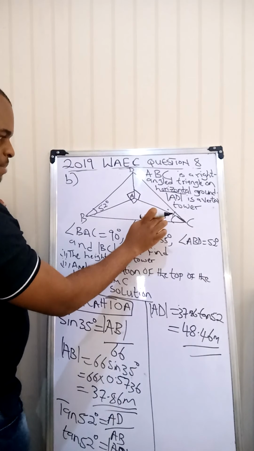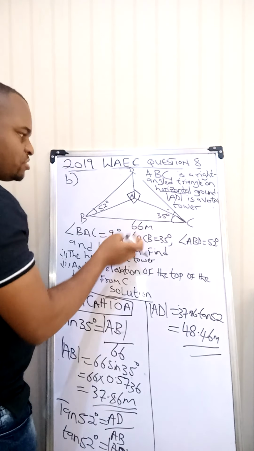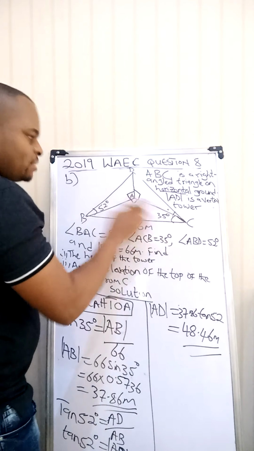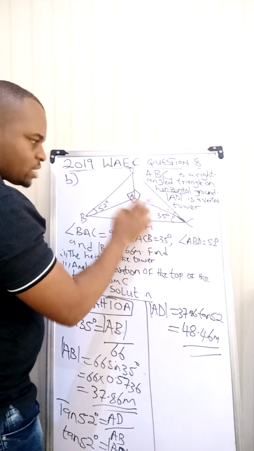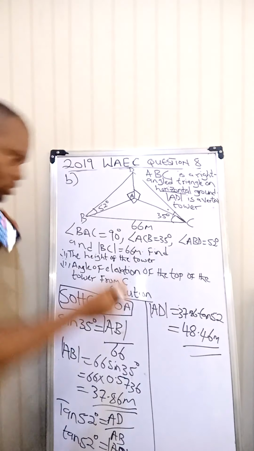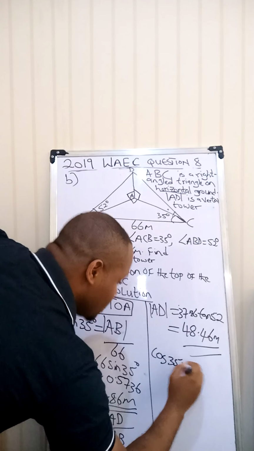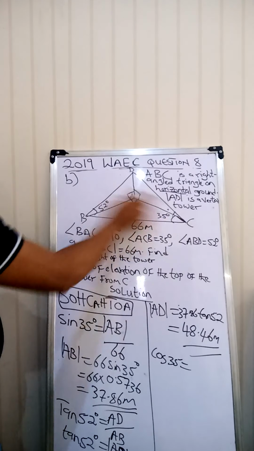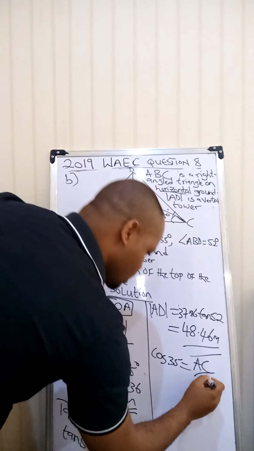So let's solve for this part. To solve for this, I'm having 35. I need to get adjacent over hypotenuse, or opposite and adjacent. If I use tan, since I've solved for this, I can get this. If I use cos, I can get this over this. So let's use cos. I'll be having cos 35 equal to, don't forget, cos is adjacent over hypotenuse. Adjacent is AC, all over hypotenuse 66.